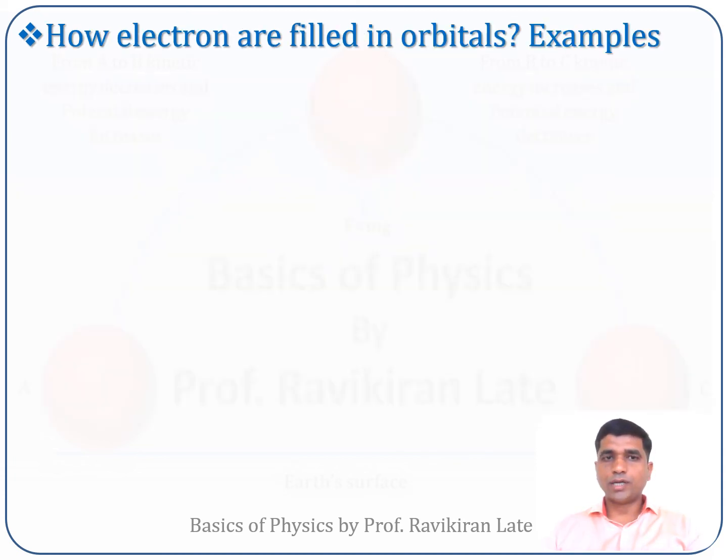Now we will try to calculate the electron configuration of various elements or atoms with the help of the rules which we have just studied. We will write these electron configurations up to a few elements with the help of Hund's rule, the Aufbau principle and Pauli's exclusion principle.